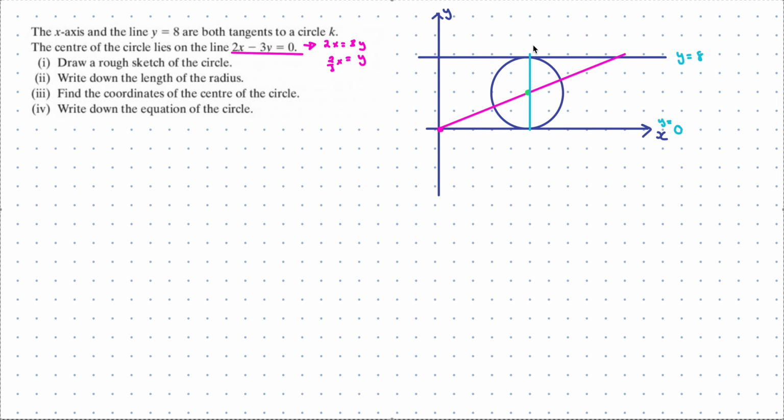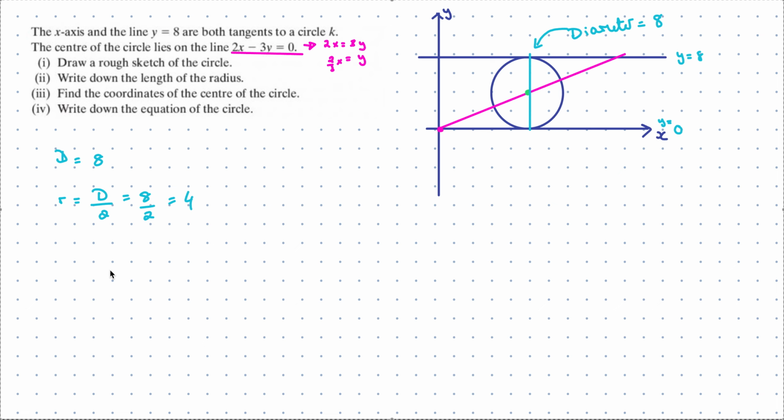And that, by definition here, is the diameter. So what I know right now is that the diameter is equal to 8. How can I find the radius from that? Well, if the diameter is 8, then the radius is equal to the diameter halved. So I'm going to have 8 divided by 2, which gives us 4. So we've got 4 is our radius.